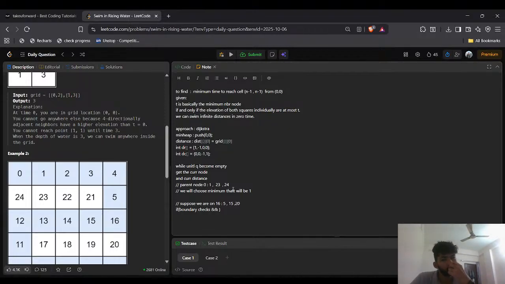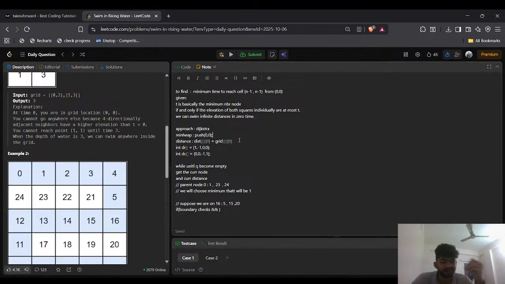Now 5 is smaller than 16, so it will choose 5. In that case I think we need to maintain a visited array. Otherwise 16 will go to 5 again, and 5 will choose 4, 3, 2, 1, and 0.